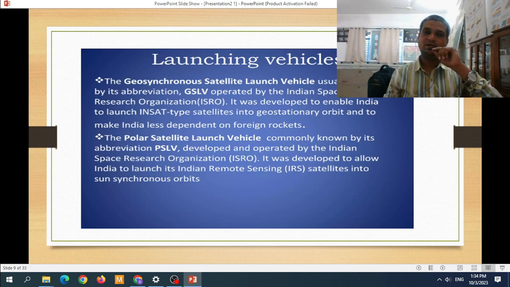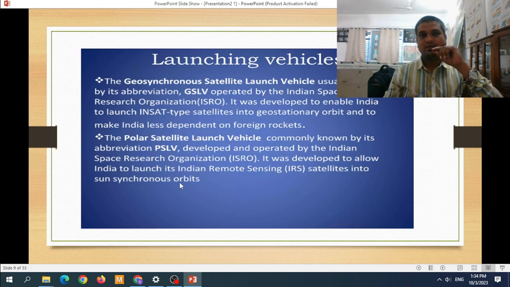Okay. Then the Polar Satellite Launch Vehicle, PSLV, developed and operated by ISRO. It was developed to launch satellites into sun synchronous orbit. Before that, we have to know sun synchronous orbit and geostationary. Geostationary means having a time period of 24 hours, and sun synchronous orbit means following this particular path with the help of the sun.